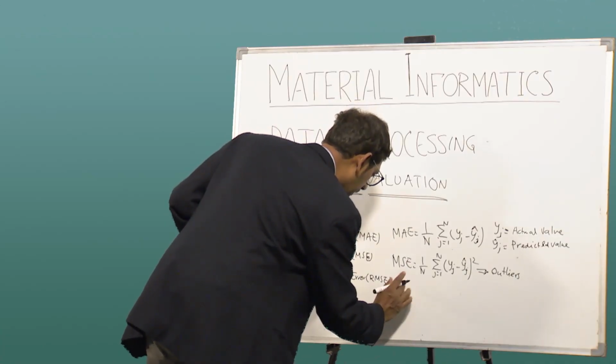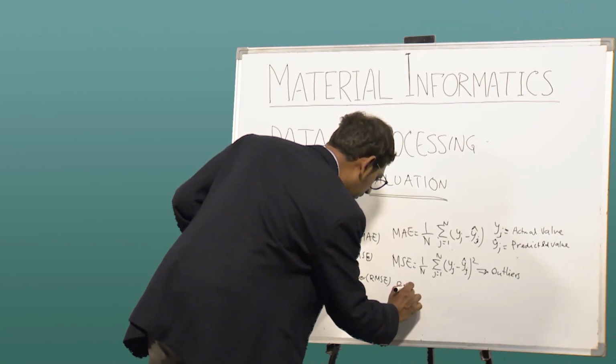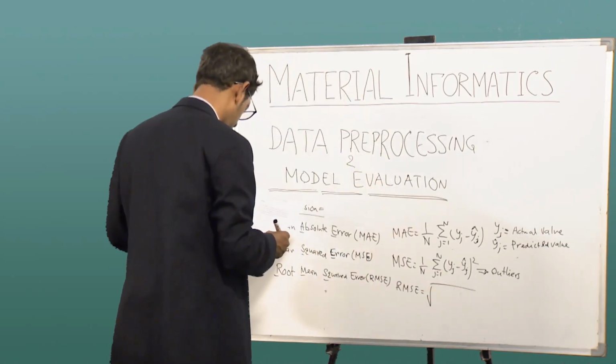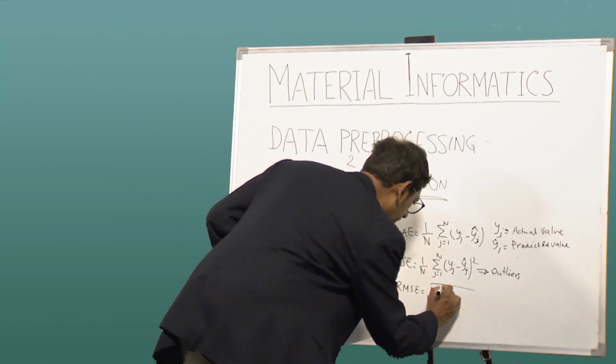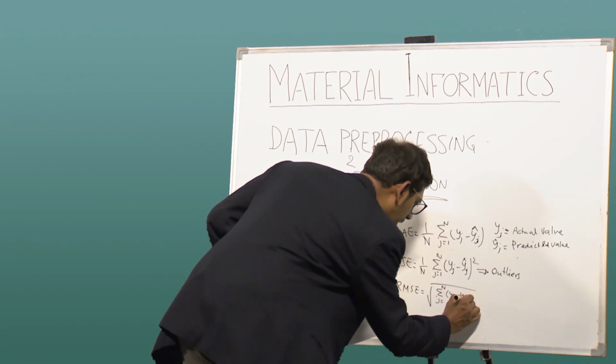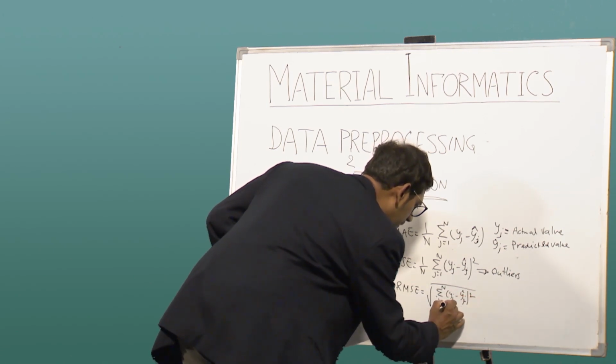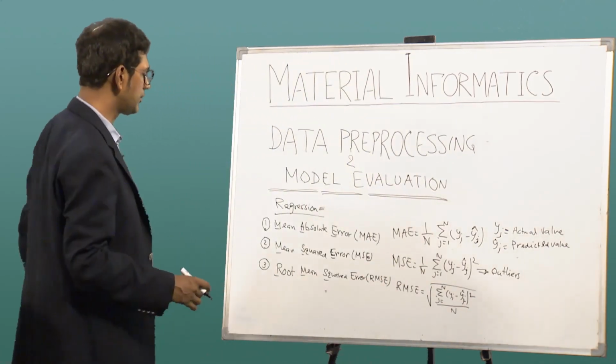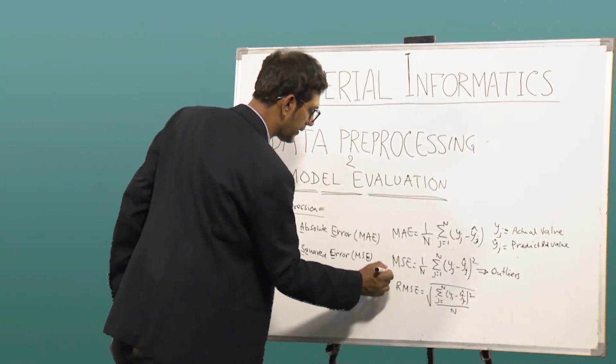So, RMSE is the root of the same thing I have written: summation j 1 to n of yj minus y hat j, whole square, divided by n, then the root. That is what is called RMSE.